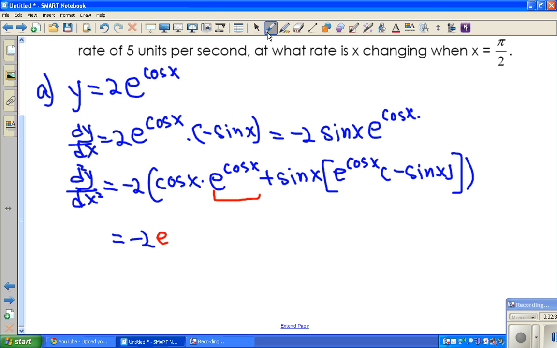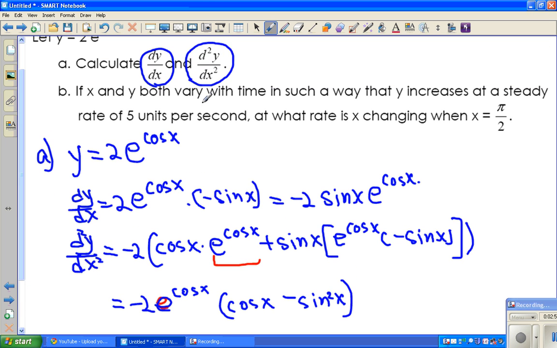Negative 2 e to the cosine of x, and after we take that out, we end up getting cosine of x from the first portion minus sine squared of x. So that's basically what we end up getting.